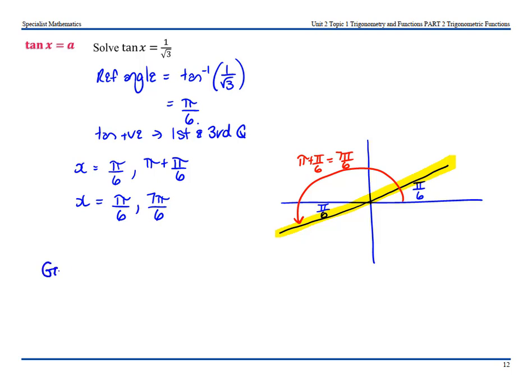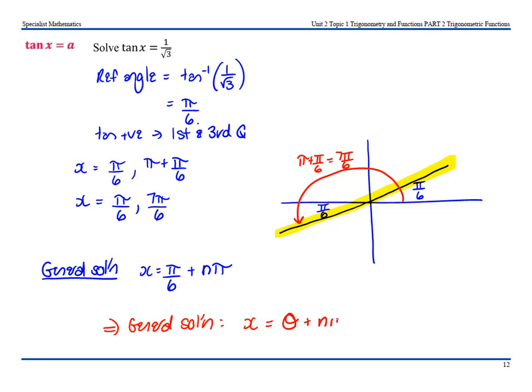So my general solution for tan can also be combined into 1, where x equals pi on 6 plus n pi, rather than 2n pi. So our general solution for tan will always be x equals theta plus n pi, where n is an element of Z, and theta equals our reference angle.